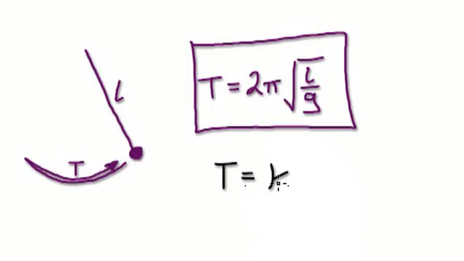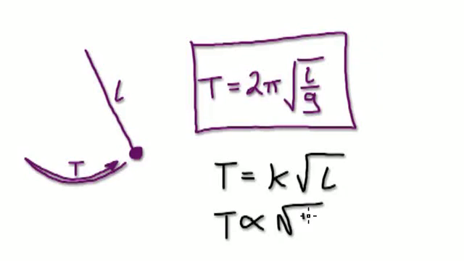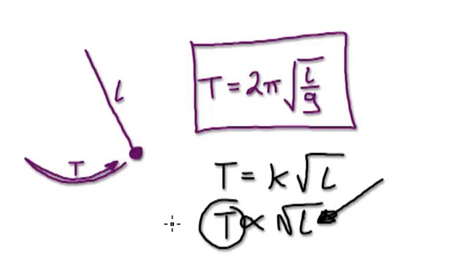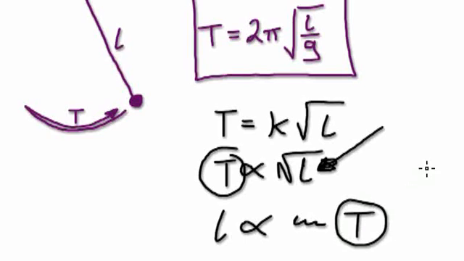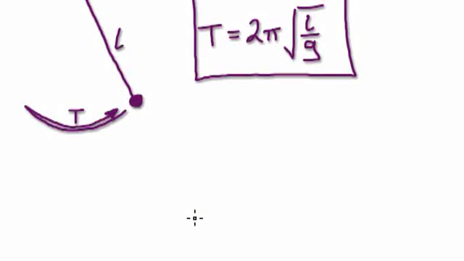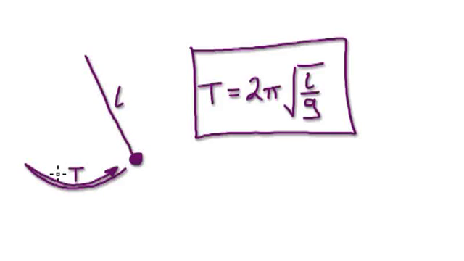Before, we came up with something like this, K root L, and then we came to the conclusion that T is proportional to the square root of L. By doing this, you're varying L and seeing what effects it will have on T. But now in this question, you've got to somehow express it so that L is proportional to something involving T, because you're varying T and seeing how that affects L. Okay, well, anyway, do whatever you have to do. If I want to double the period here, what should I do to L?